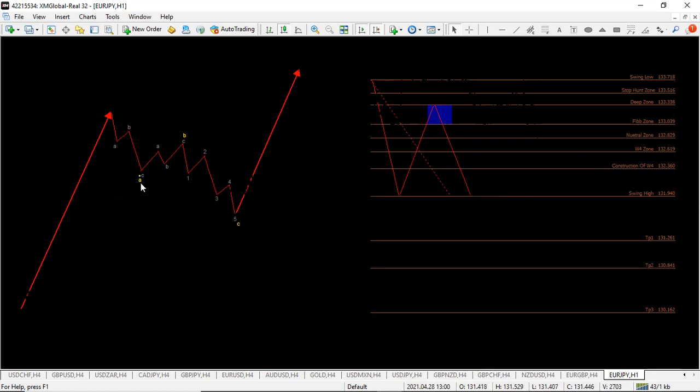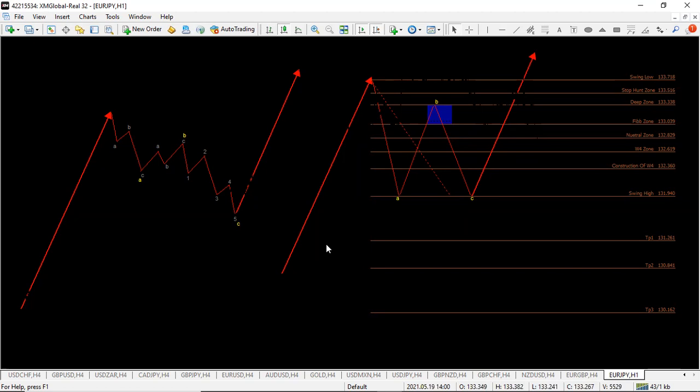So in this scenario, it's something like this. Your market goes. So remember here there's 3, and then there's 5.